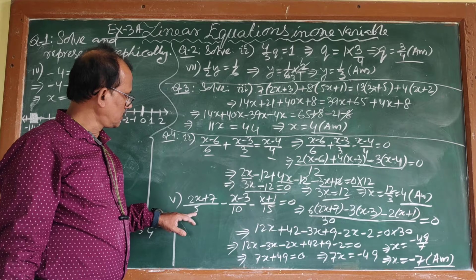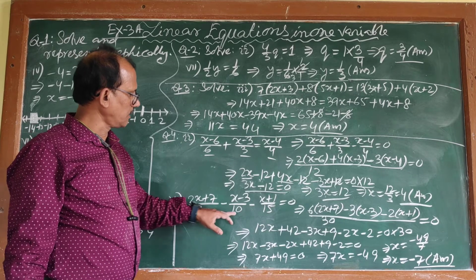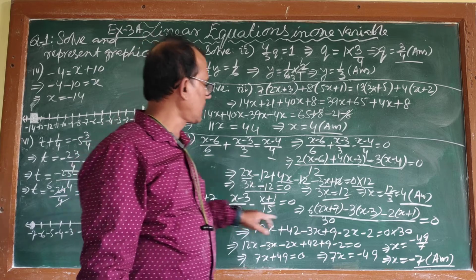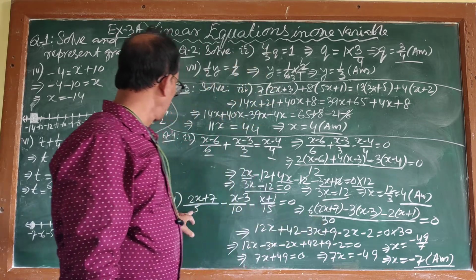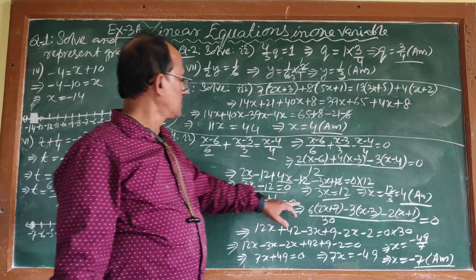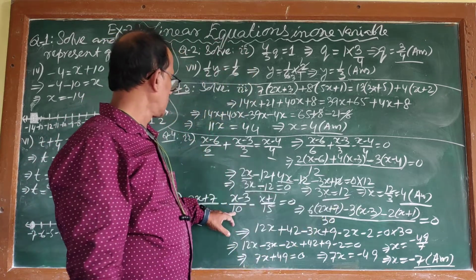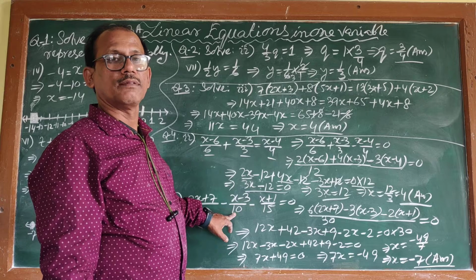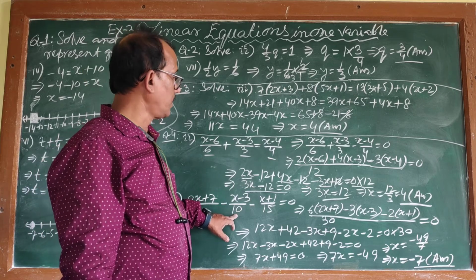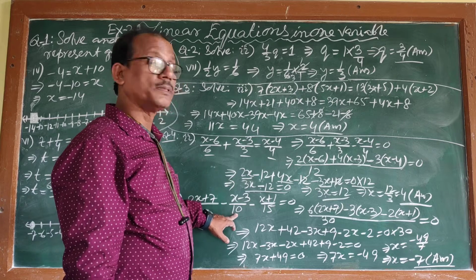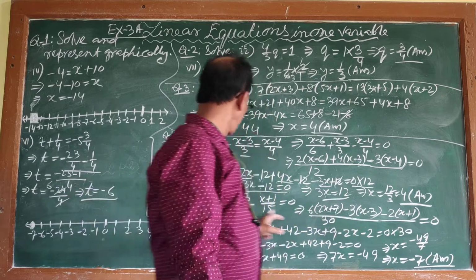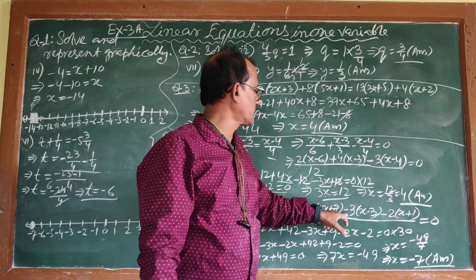So see, the first fraction's denominator is 5, the second fraction's denominator is 10, and the third fraction's denominator is 15. Altogether the LCM of the denominators will be 30. 30 divided by 5, you will find 6. 6 will be multiplied by 2x plus 7. Now 30 divided by 10 will become 3. 3 multiplied by x minus 3, but there was a minus sign, so here is a minus sign.